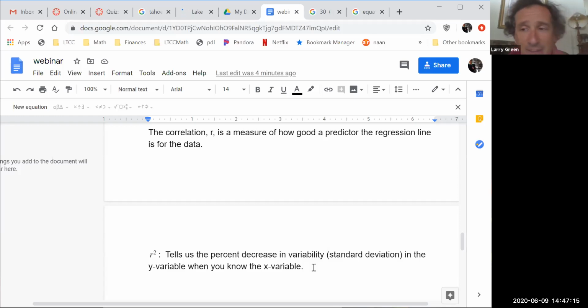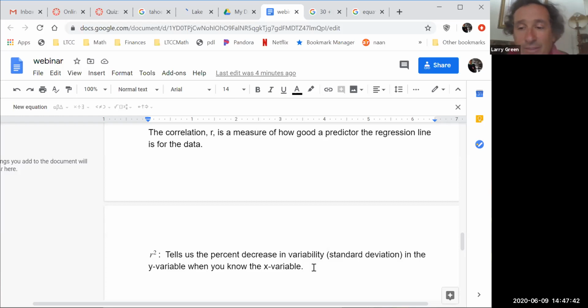The key is age doesn't matter. So by knowing what age they are, how much decrease in variability will there be if it doesn't matter? Zero, exactly.